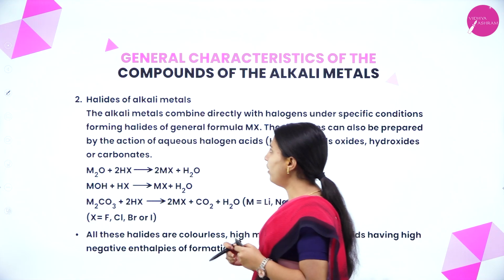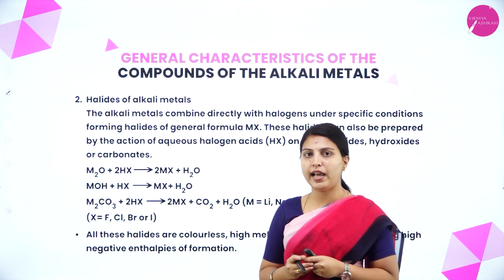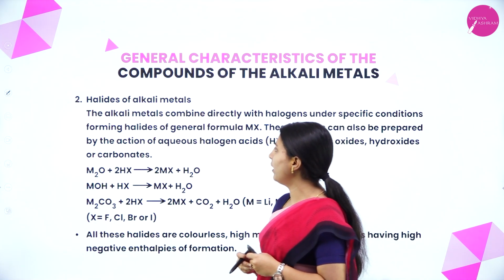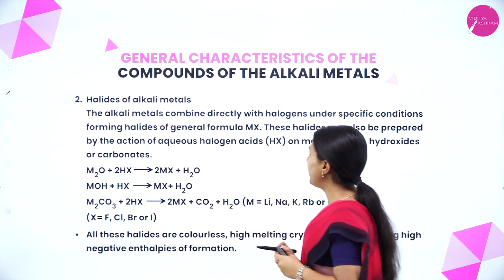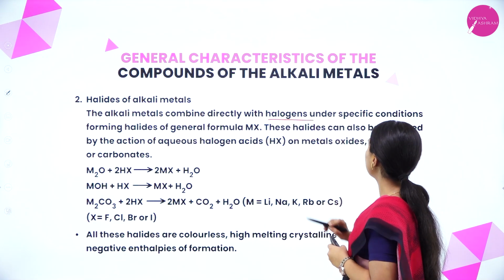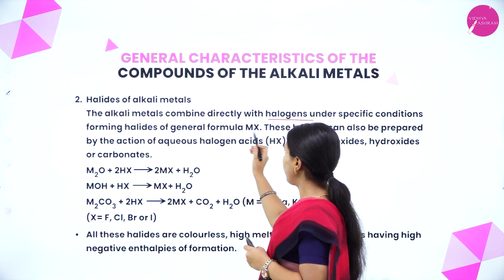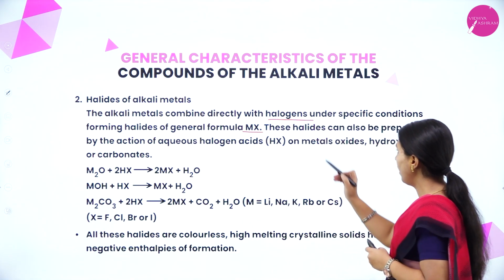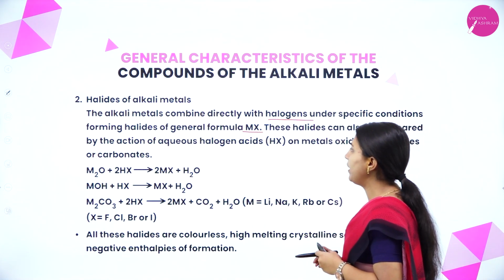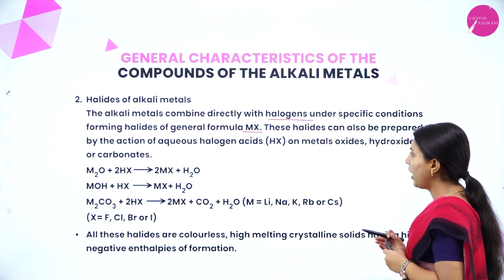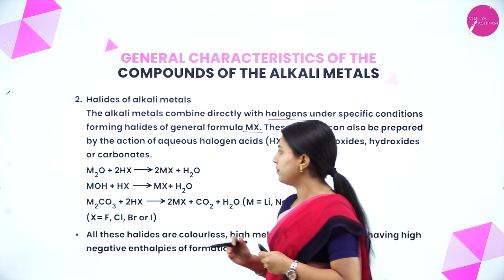Next, halides of alkali metals. When metal reacts with halogens, it forms halides. The alkali metals combine directly with halogens under specific conditions, forming halides of general formula MX. These halides can also be prepared by the action of aqueous halogen acids on metal oxides, hydroxides or carbonates.